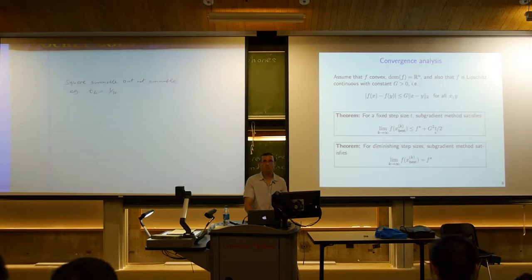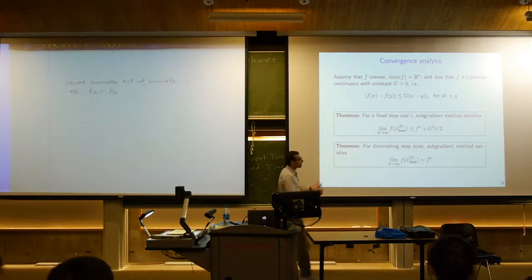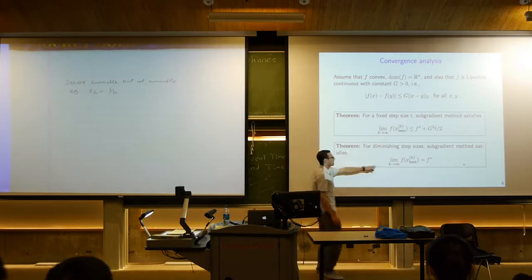But it doesn't guarantee that you actually have a solution in the limit. For that, we need diminishing step sizes or other options, but as far as what we've seen so far, just diminishing step sizes. And with those step sizes, you can prove that the best criterion value in the limit is exactly f star. So you get an optimal solution in the limit.